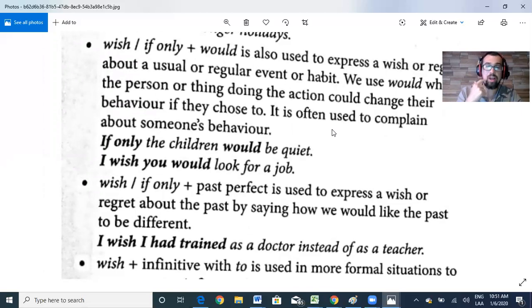Again, the children can change that behavior, because if they're quiet, there's no wish anymore. Or in this case, you're complaining because that person is not looking for a job. But if that person decides to look for a job, then the situation changes. So that's very important. The first one, we can't change it. This one, we can change the situation, okay? And it is still a wish or a regret.